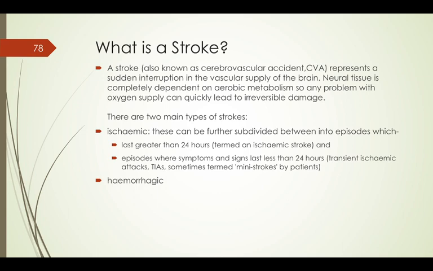There are two main types: ischemic and hemorrhagic. Ischemic forms the vast majority, nearly 70 to 85% of the time. Within ischemic you can have those that last more than a day and those which are under a day in duration, and those tend to be known as TIAs, or transient ischemic attacks.